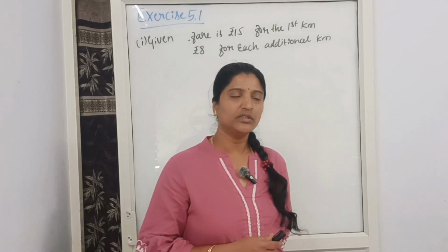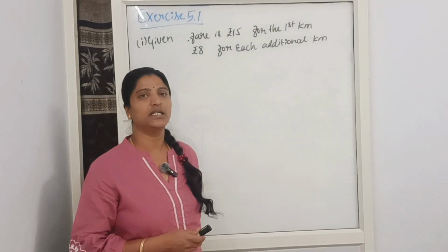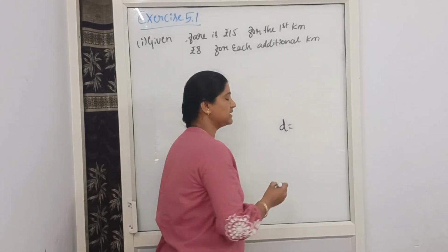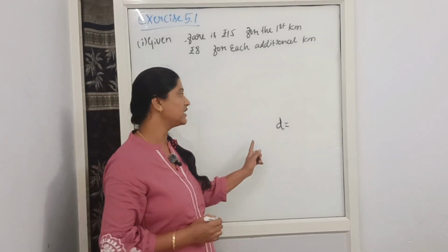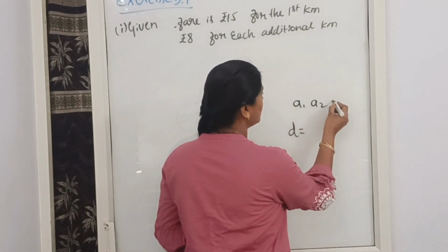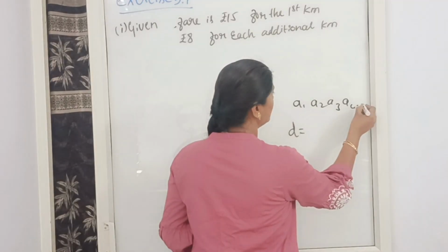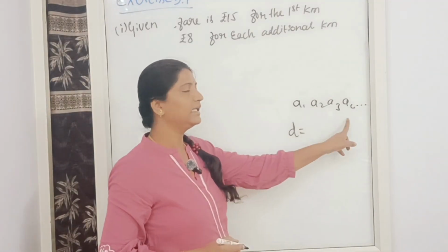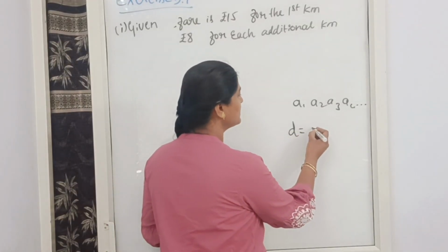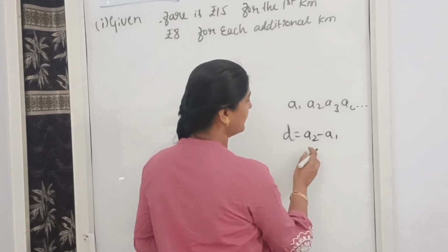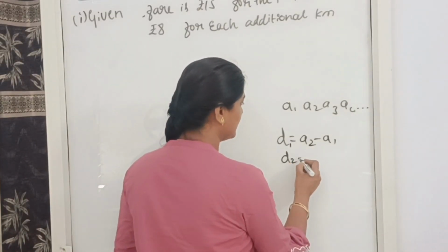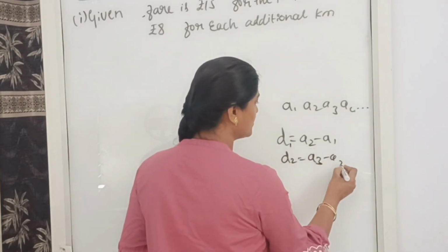Before that, the one condition for it to be an arithmetic progression is the common difference. I said D is the common difference, that should be the same for each term. These are the terms, A1, A2, A3, A4, like this it will continue, and the common difference is always between two successive terms: A2 minus A1, that is D1 we can consider, or D2 is A3 minus A2, like this.